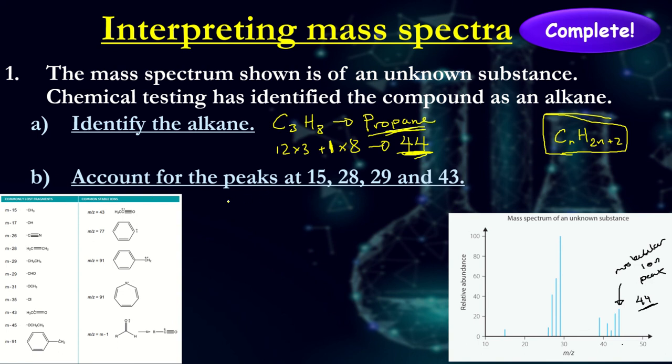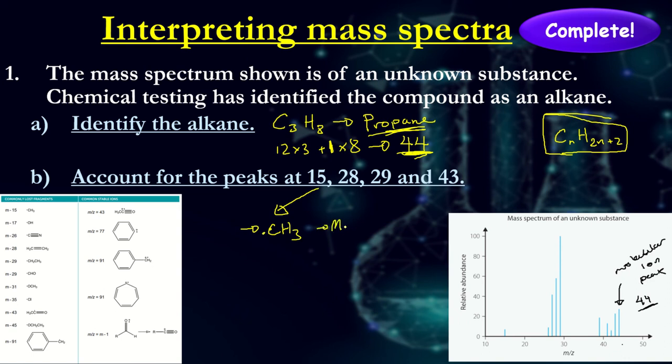The next one we're going to look at is the peaks at 15, 28, 29, and 43. According to this chart, peak 15 is due to a methyl group, CH3.